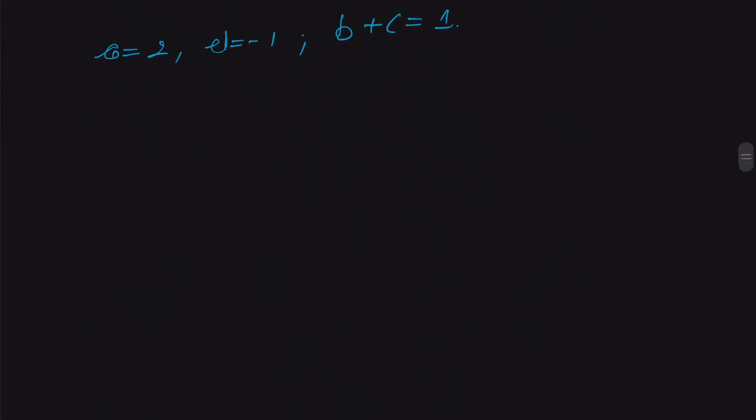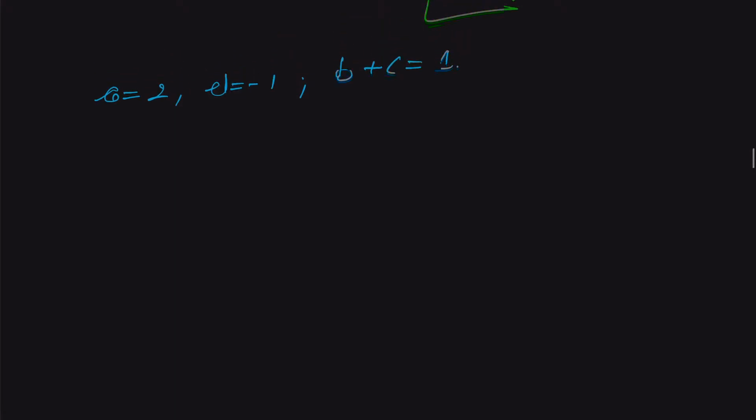Now we come to our main equation, that is our terminal velocity, which is our Stokes law. From there we are going to find out how this b plus c, or b or c, we are going to find out.